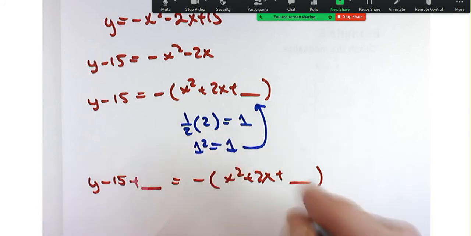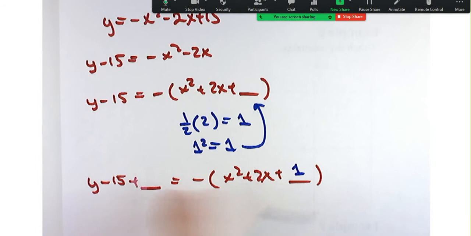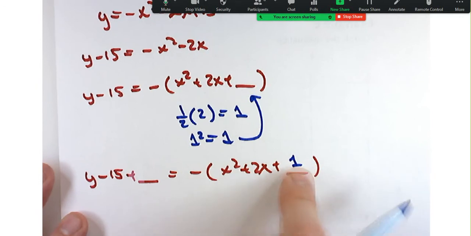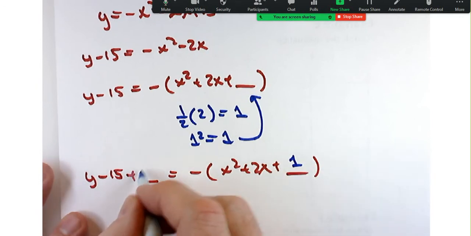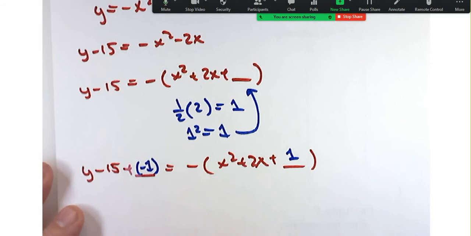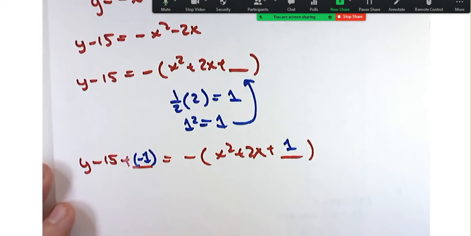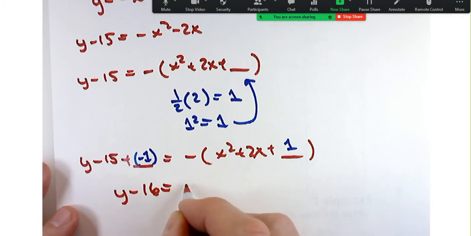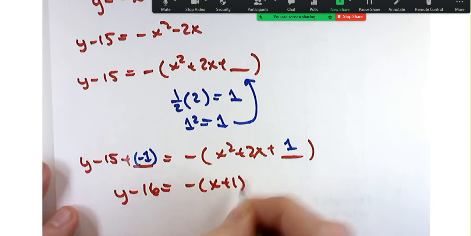Now I filled in that hole with a 1, but if I put a 1 here, what should I do to the left-hand side? And it's not put a 1. Negative 1. Negative 1, because that 1 here gets multiplied by a negative, so I really subtracted 1 from the right-hand side, so I have to subtract 1 or add negative 1 to the left-hand side. Well done. So this becomes y minus 16 equals negative x plus 1 squared.